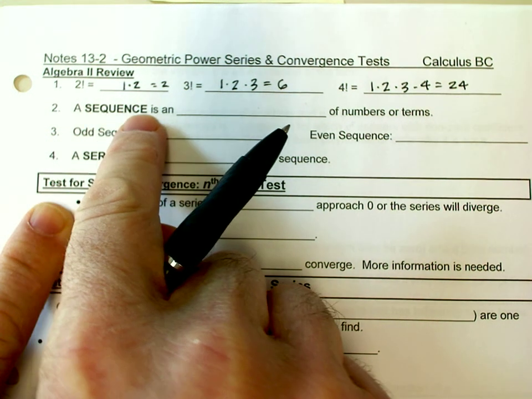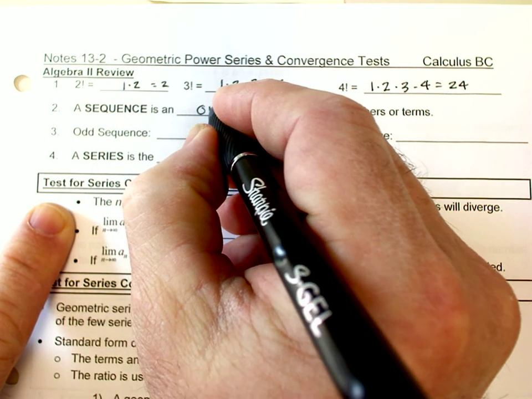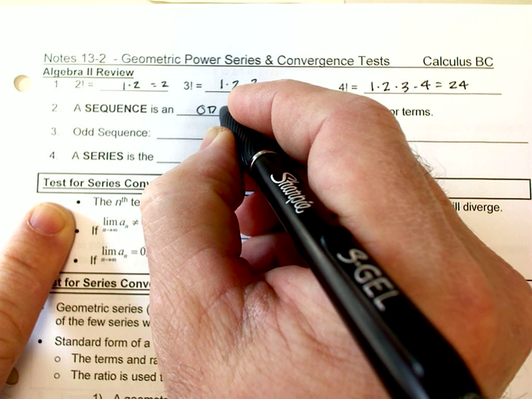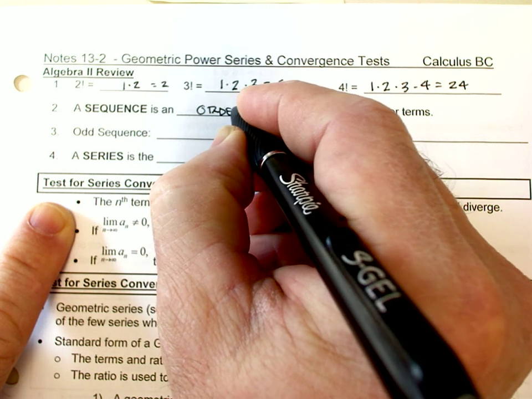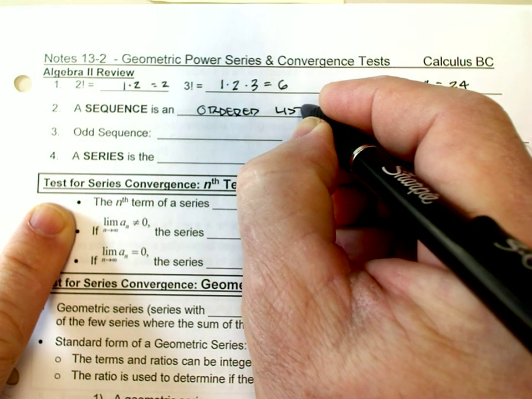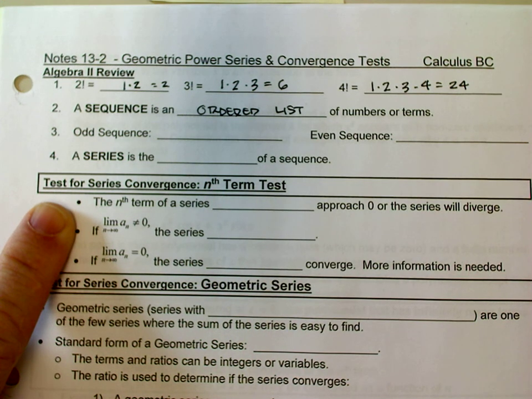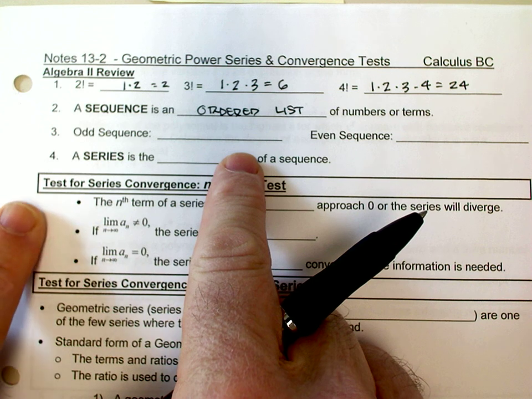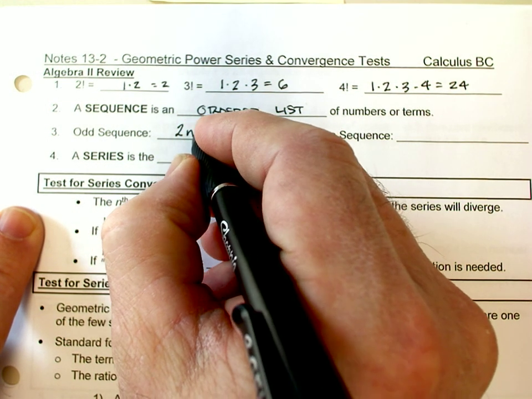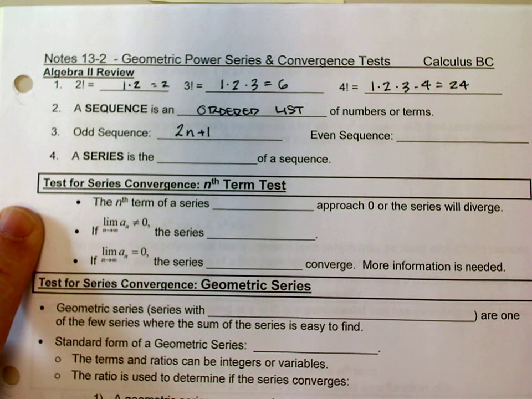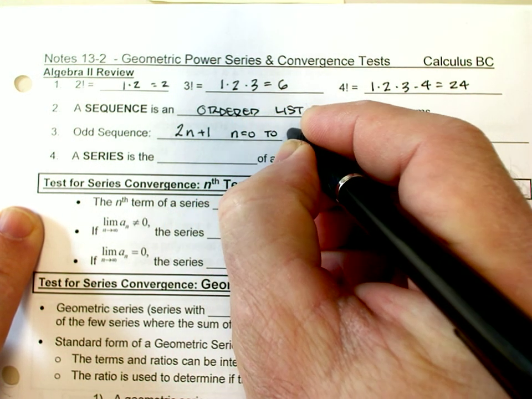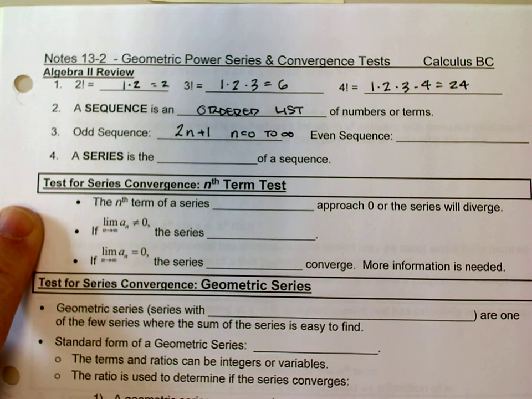Also, a sequence is just an ordered list of numbers. And an odd sequence would be set up like this: 2 times n plus 1, where we can start at n equals 0 and then go to infinity or anywhere in between.